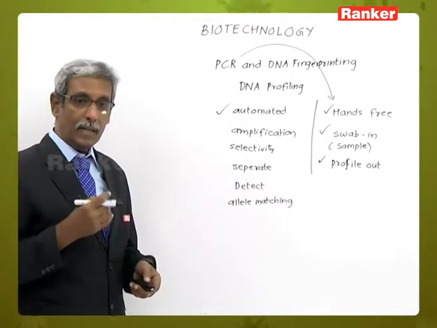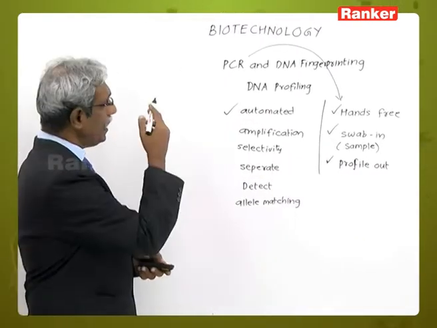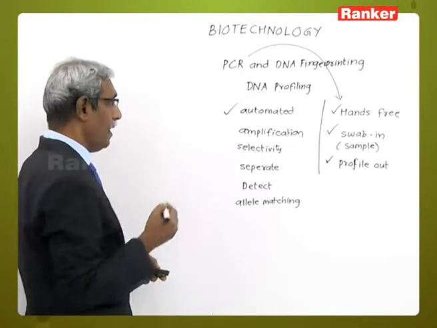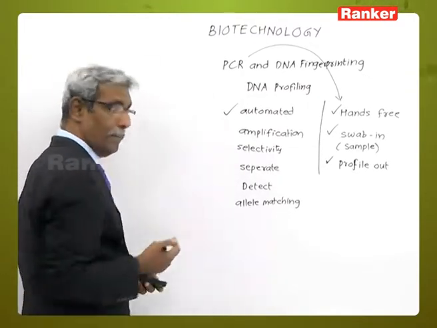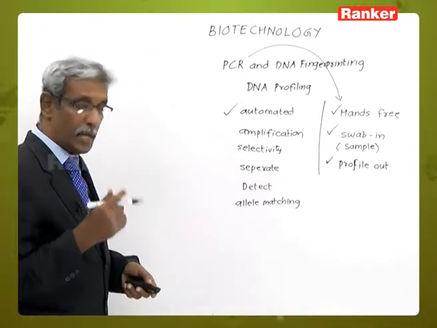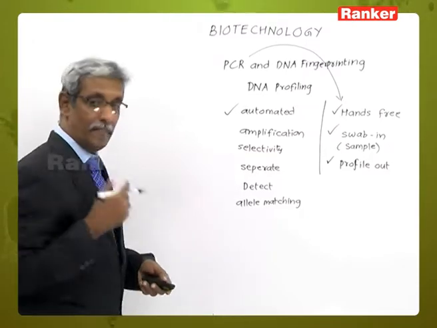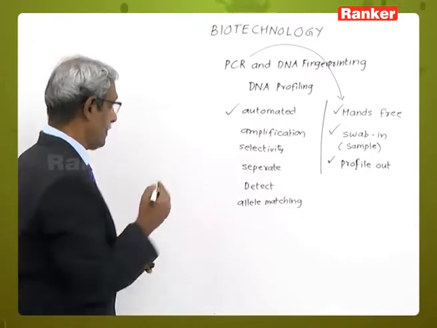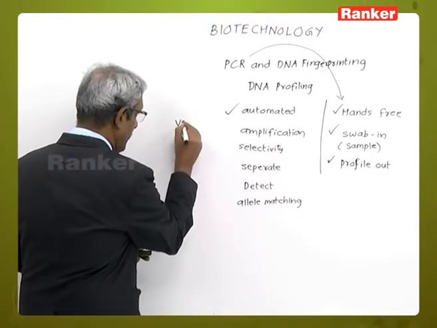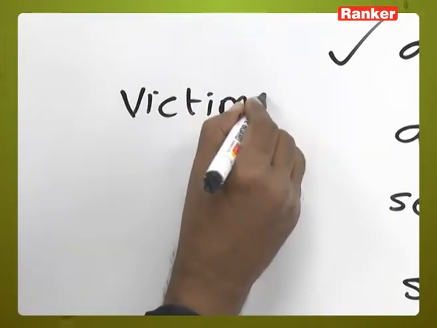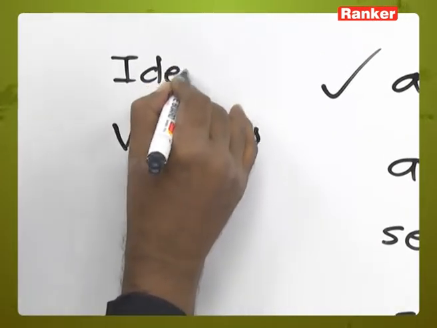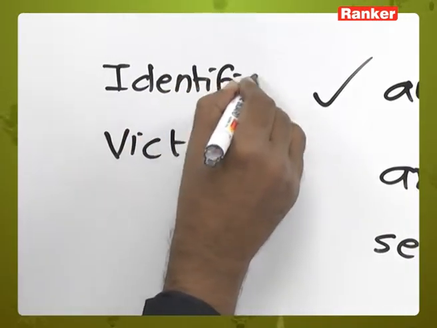What are the other advantages in the context of DNA fingerprinting? We primarily understand that all these are important in terms of medicine. In addition, we can identify the victims of the 9/11 terrorist attacks.